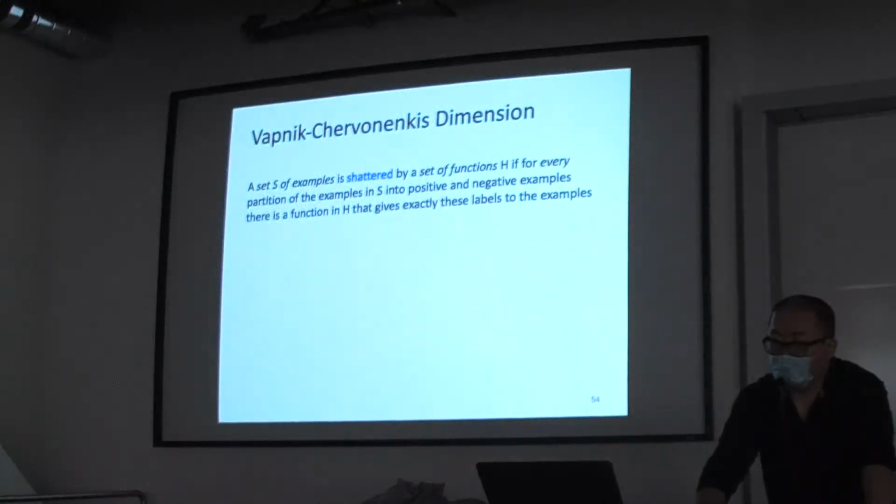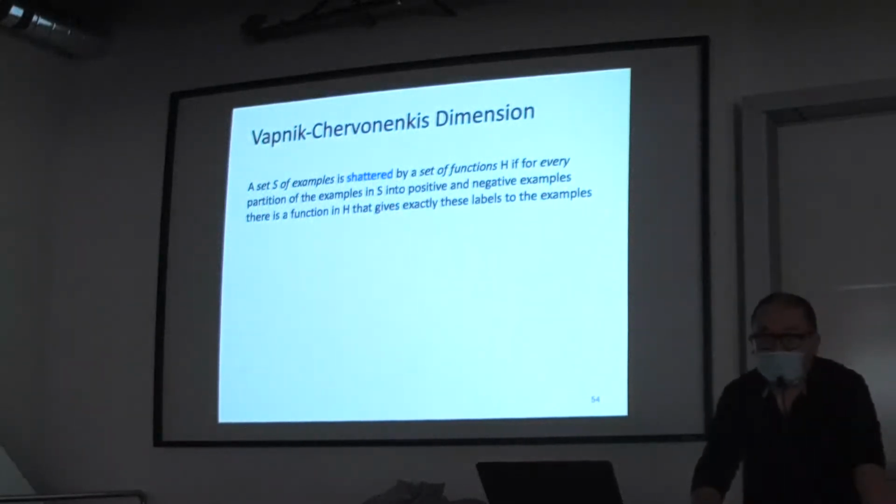So, just as a brief refresher, you don't need to memorize the formulas. I cannot memorize formulas as well. But just to give you a sense, the generalization error is upper bounded by the training error plus some term. So you cannot ignore the training error, because in the agnostic learning setting, the training error is not necessarily zero.